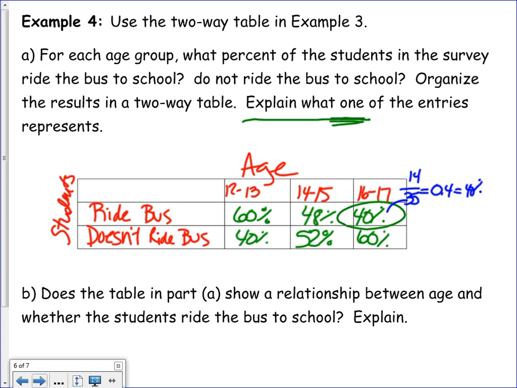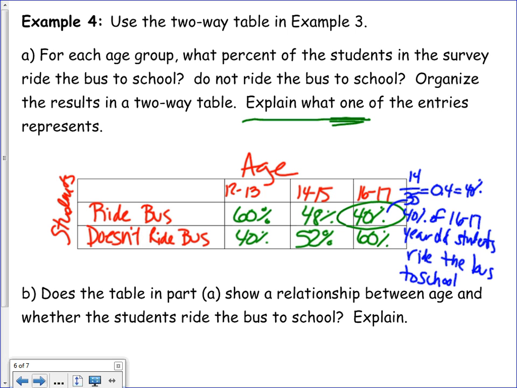So 40% of 16 to 17-year-old students ride the bus to school. That's what that means to explain it.